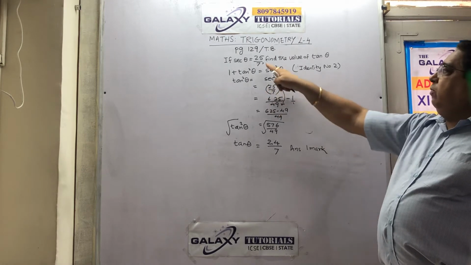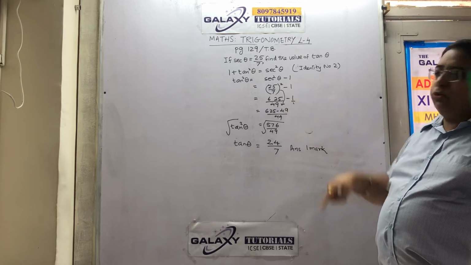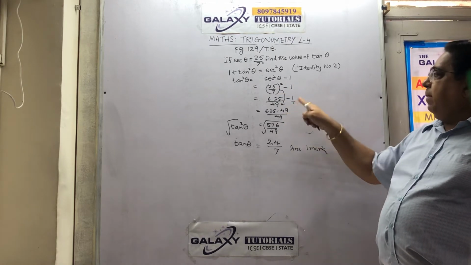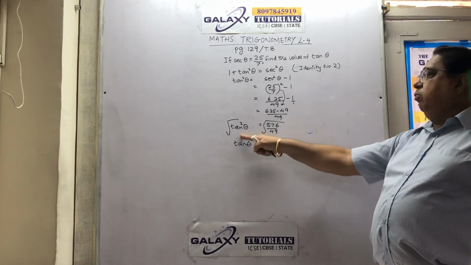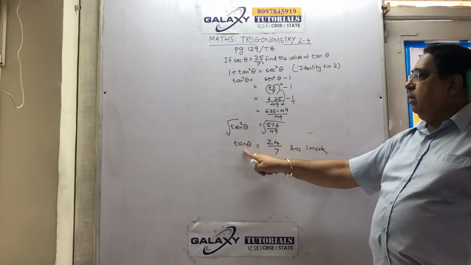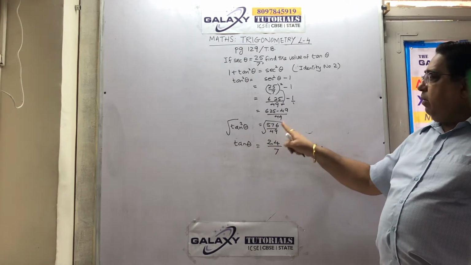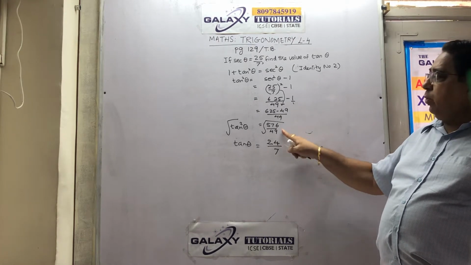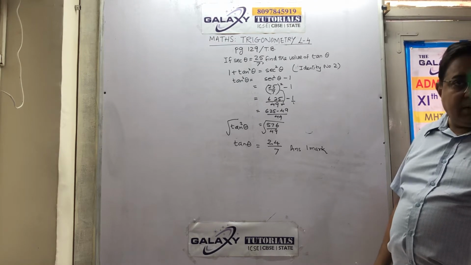Put the value of sec theta, square it, minus 1. 25 square is 625, 7 square is 49, and when I subtract, I get 576 upon 49. I remove the square root because I don't need the square. Square root and square cancel, and I will get tan theta. 24 is the square root of 576, 7 is the square root of 49. This is the answer and you will get 1 mark.